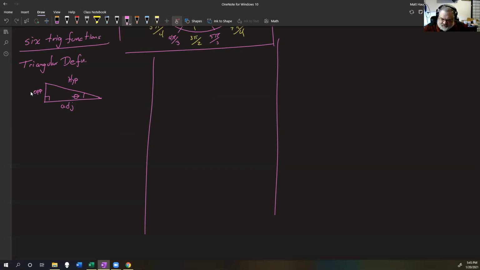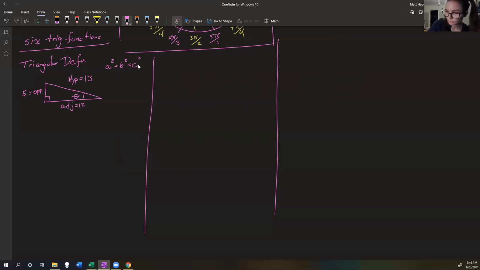Now let's give ourselves some numbers here. Let's say this opposite length had length 5, this adjacent was length 12, and the hypotenuse was length 13. One of the things that has to be true in a right triangle, as you guys are comfortable with, is that Pythagorean theorem has to be true, right?